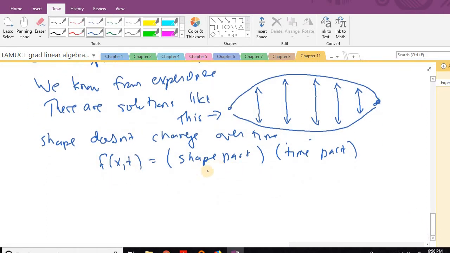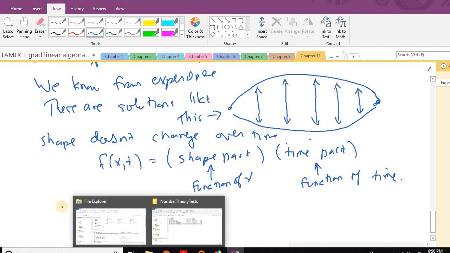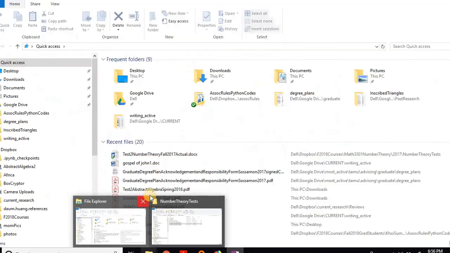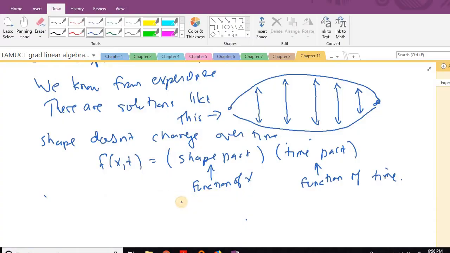So the shape part is a function of x, and the time part is a function of time. Okay. So that means that f of x and t, let me just write this.